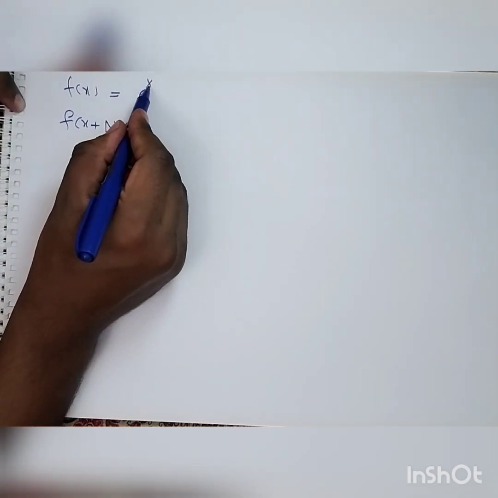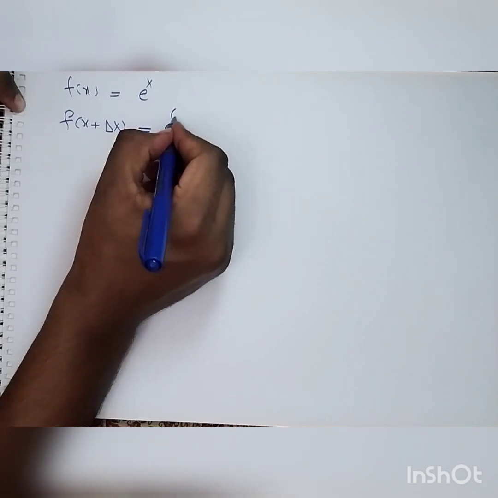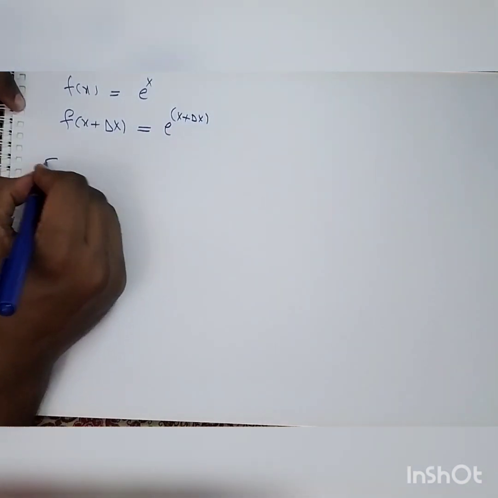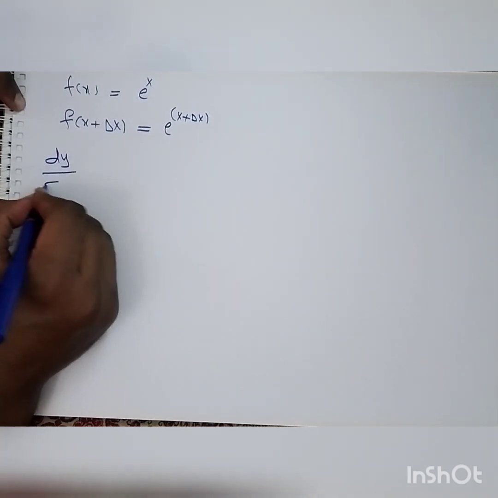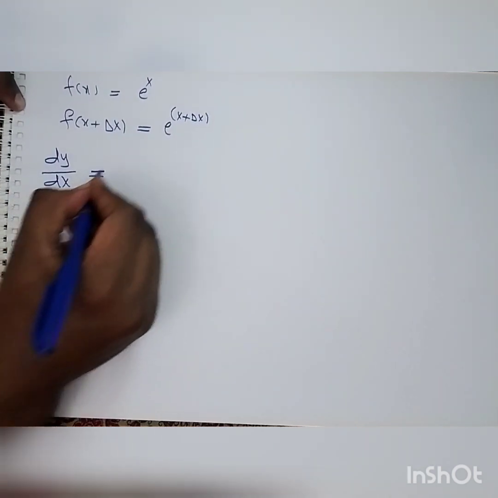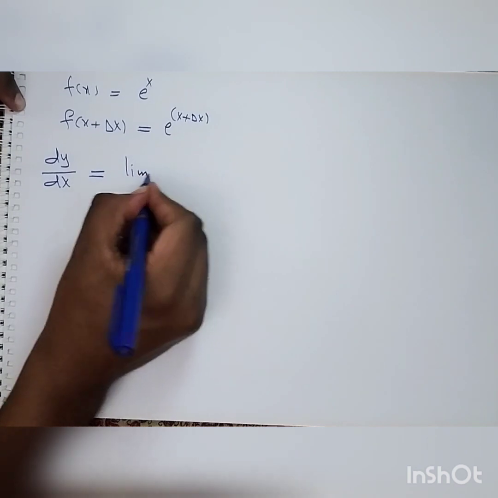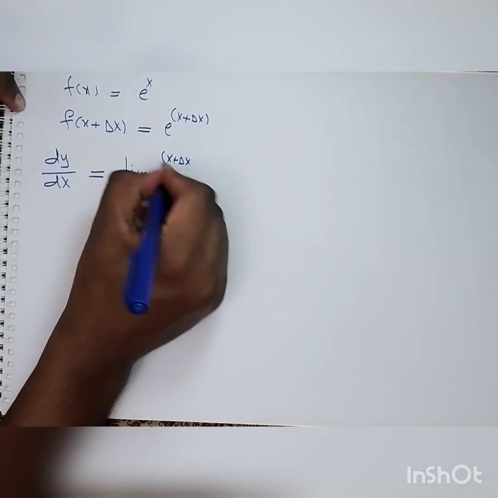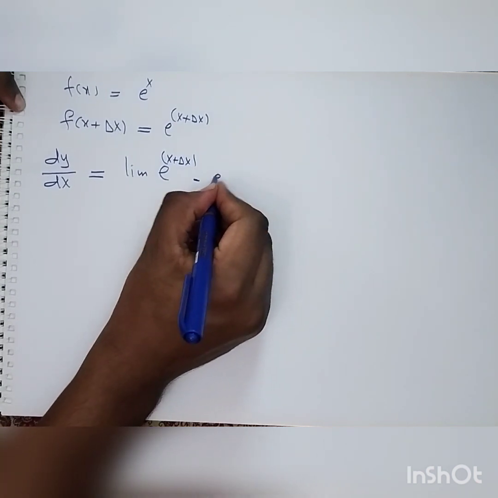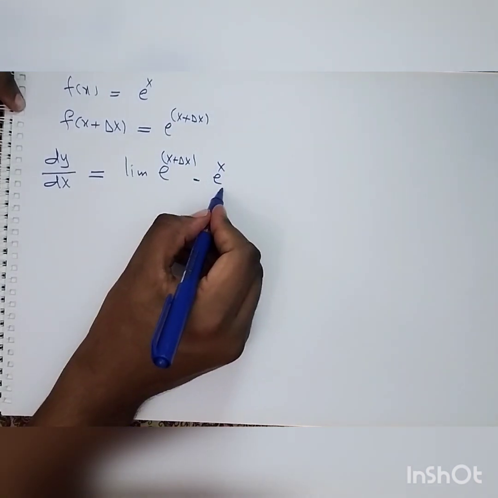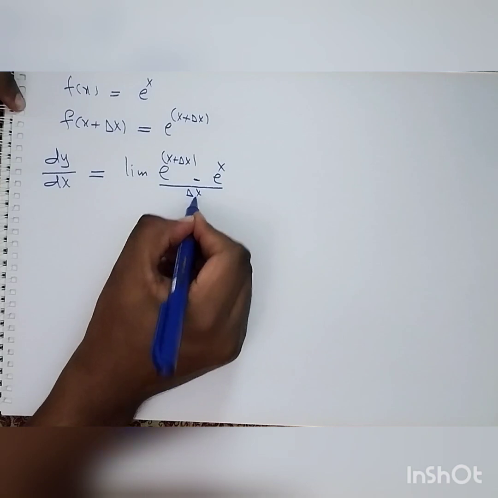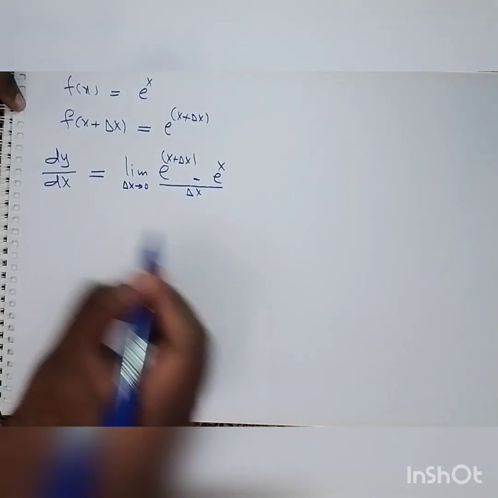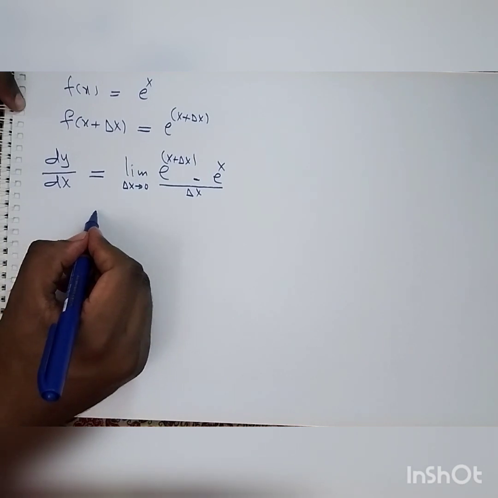So now we replace here x by x plus delta x. So that means dy by dx will be equal to limit e to the power x plus delta x minus e to the power x divided by delta x as delta x approaches 0.